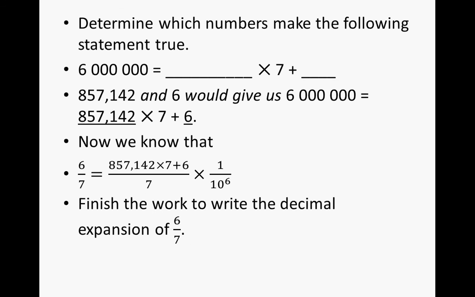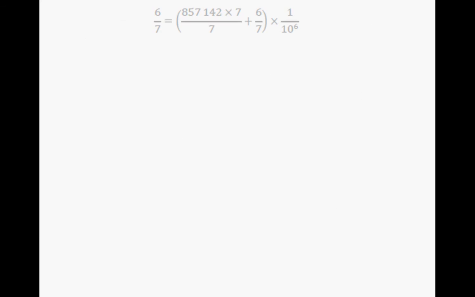So finish the work to write the decimal expansion of 6/7. So again, following the same process, I'm not going to read this through, but you can just step through it. We get 857,142 plus 6/7 times 1 over 10 to the 6th power.